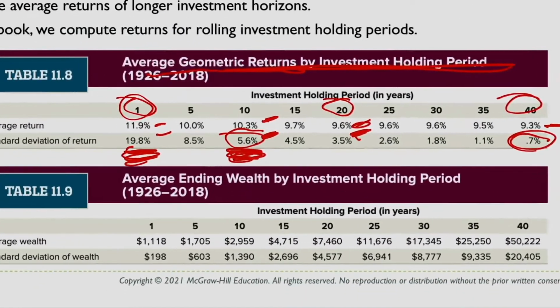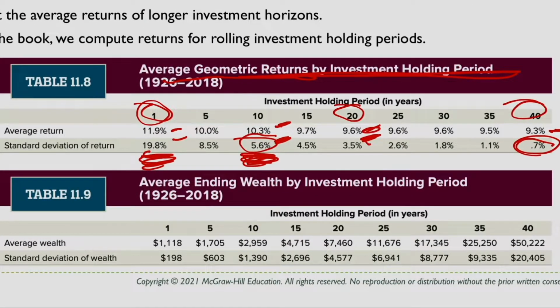Let's go down and look at this table down here. Instead of looking at the holding period of returns, let's look at the wealth over various holding periods. Because what really matters to us is not the returns. It matters as to how much money we're going to have at the end of the game.